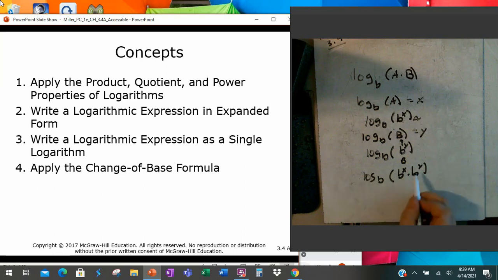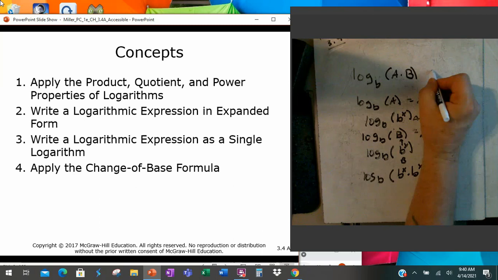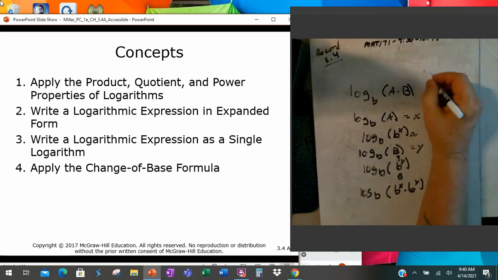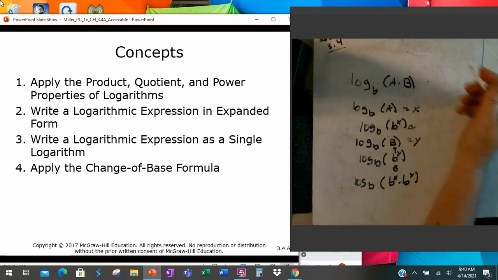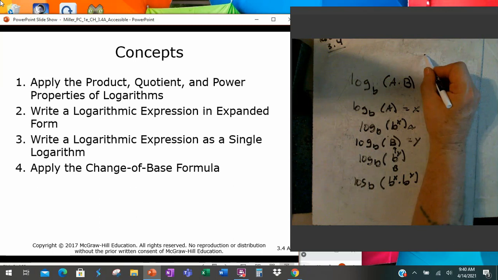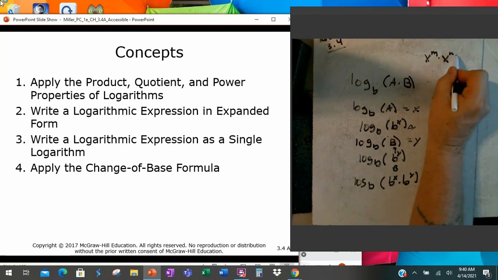And now I want you to think about this. These are the same numbers now. I've just got two exponents. And what do I do when I multiply two numbers? x to the m times x to the n, we just add exponents. Okay.